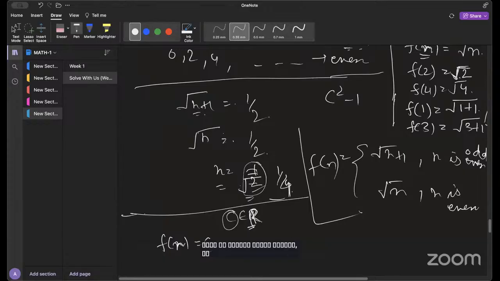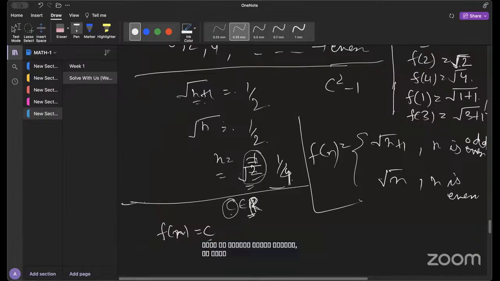Otherwise, it's not an onto function, right? If there is even one c for which there is no natural number whose image is c, that means this is not an onto function. This is the set of natural numbers and you have a c here. So if there is no n here such that it is mapped to c, it's not an onto function. So we just have to find that one c.